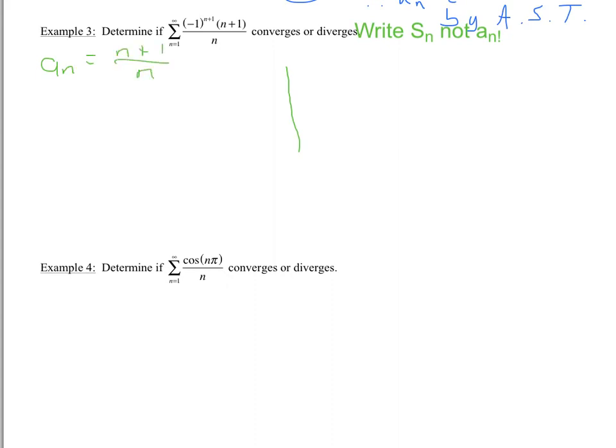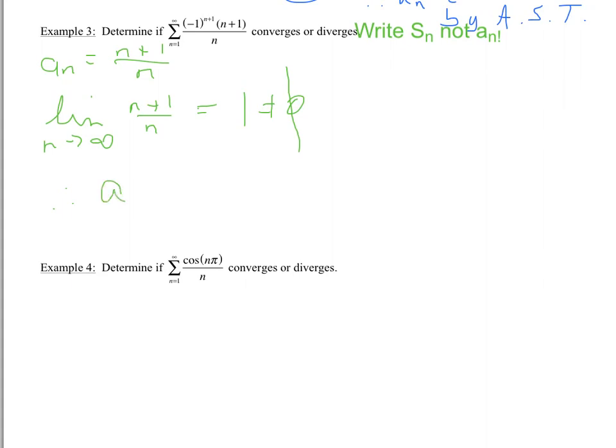This is positive for positive n's, and the limit as n goes to infinity of n plus 1 over n is going to be 1. So therefore, since this does not equal 0, this does not meet the criteria for AST, for the alternating series test.